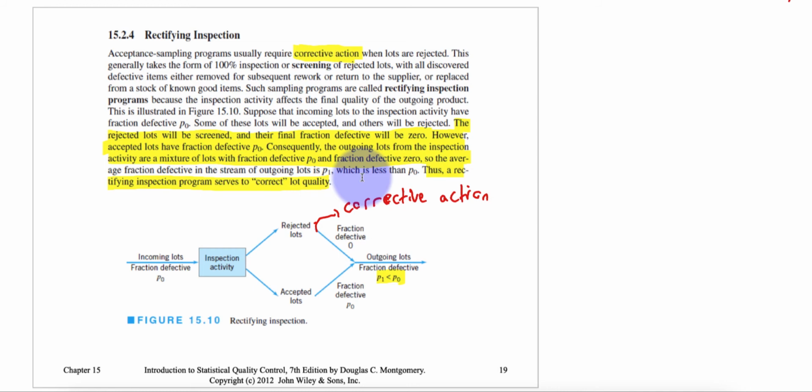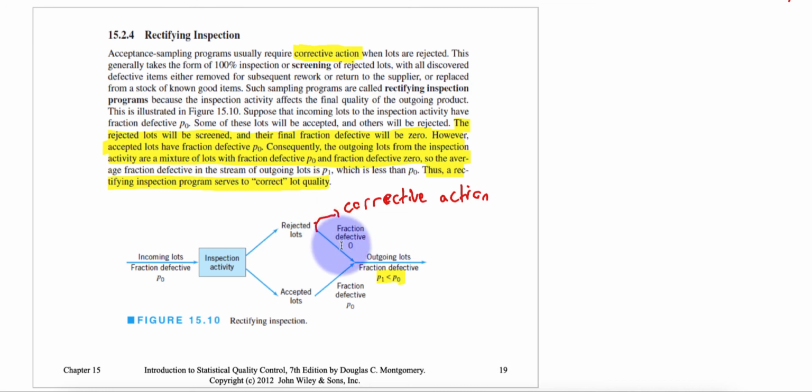Okay. So here, this is the flow of these actions. When you consider, again, lots of lots, the population of lots. So these lots are coming to the inspection activity. Either we accept them or reject them. When we accept the lots, the fraction defective will be P0 again, like in the beginning. But in rejected lots, because we have replaced the defective units with conforming products, the fraction defective will be 0.